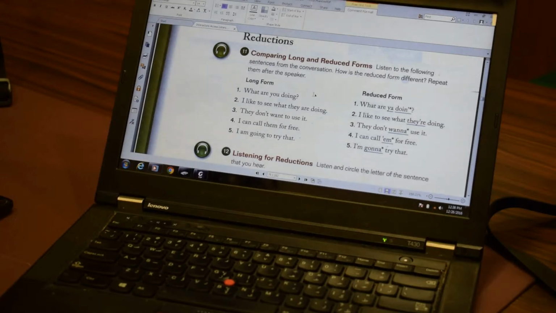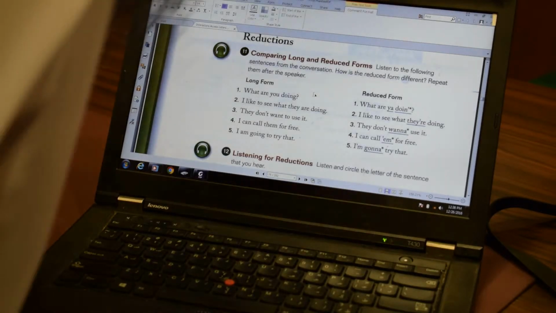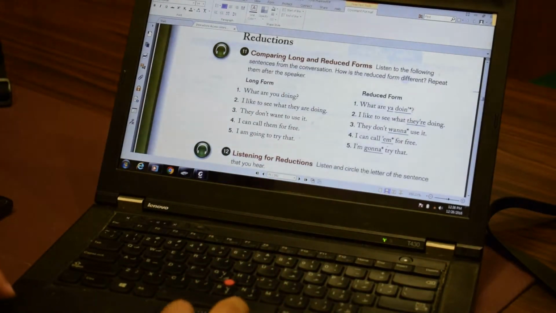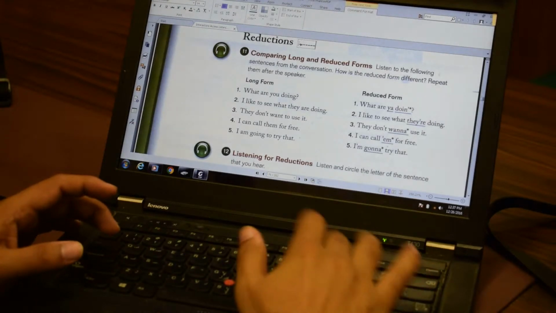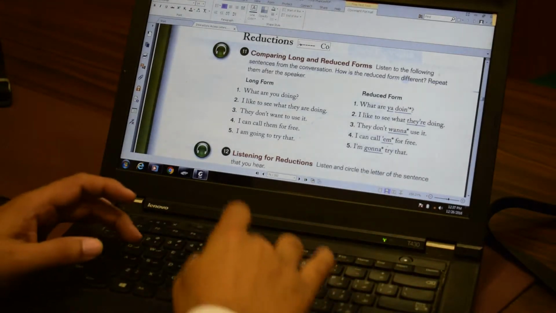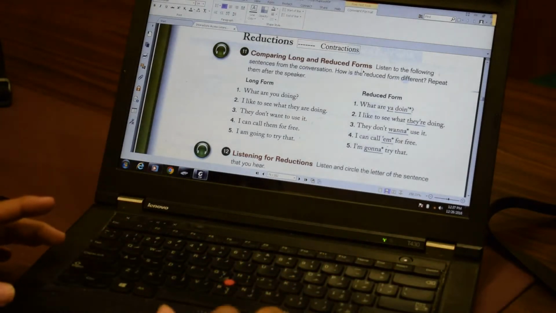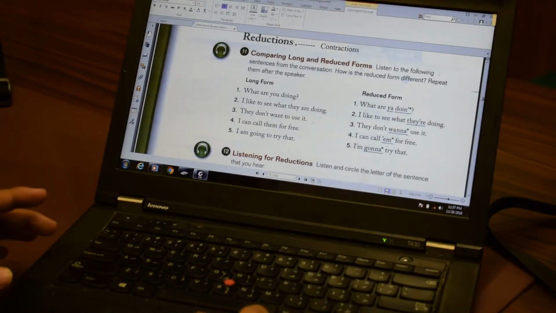Now remember, I would just like to remind you, if you forgot for a while, what is the difference between reductions and contractions. Reductions are also short forms, shortening up of long words, and contractions are the same, they are shortening up of words.